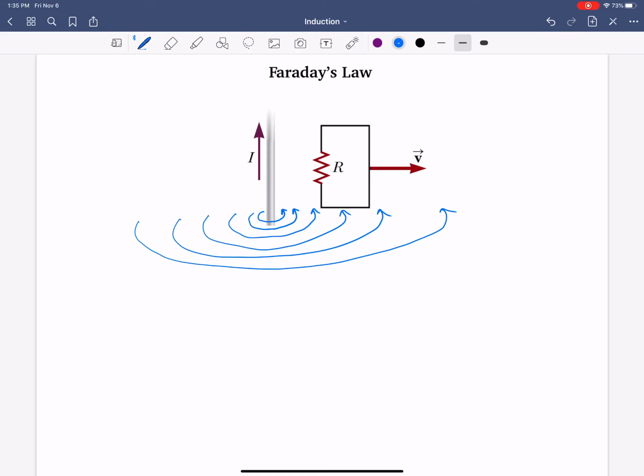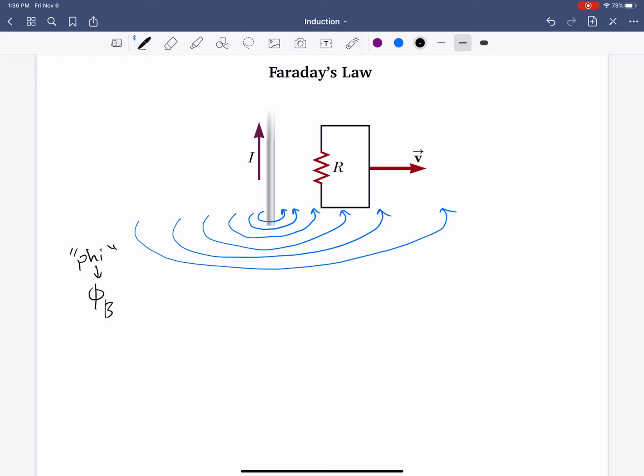There. Okay, so the further away that this conducting loop gets from this wire, the weaker the magnetic field, and more importantly, the weaker the magnetic flux. So what's called phi, the Greek letter phi, right?